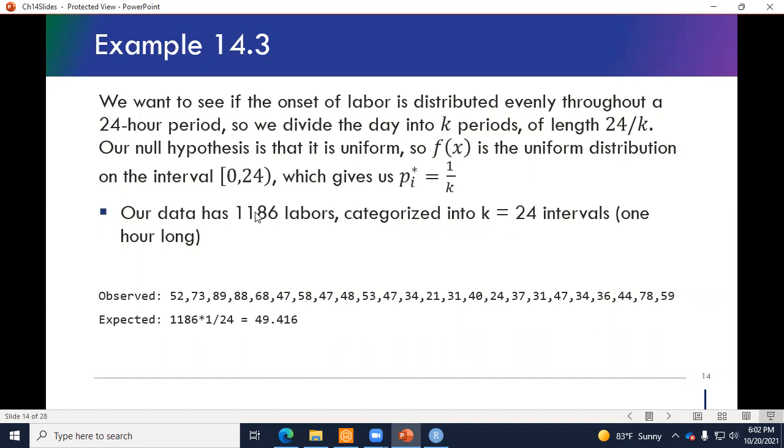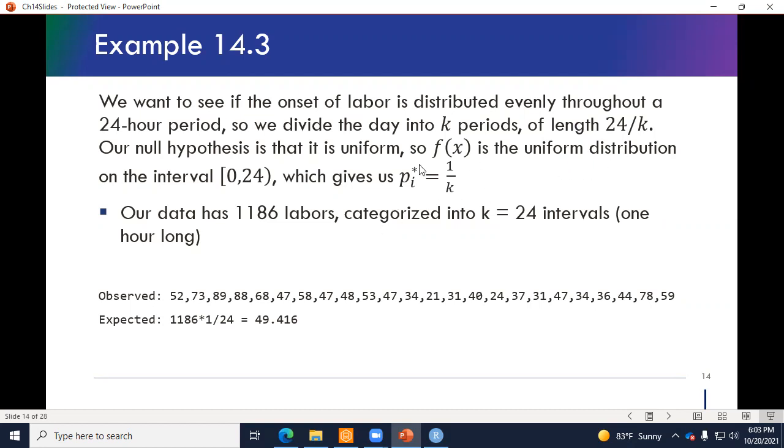Say our data have this many data points, this many labors in total, and we have the observed counts for each hour, how many labors we have in each hour. In this case, the expected count would just be the total n times pi star, because for each hour we have an equal probability of getting a labor, since we said it's a uniform distribution.